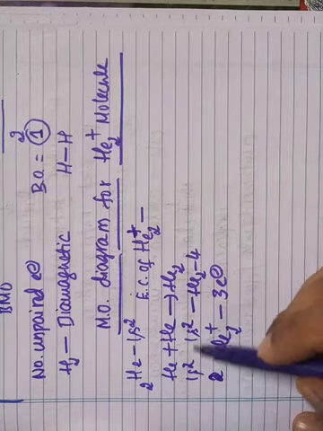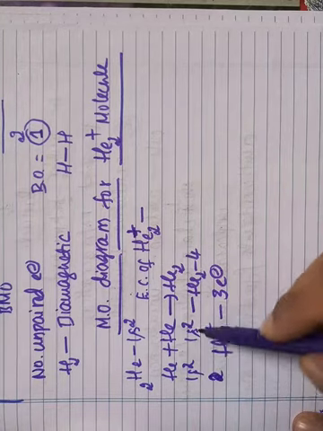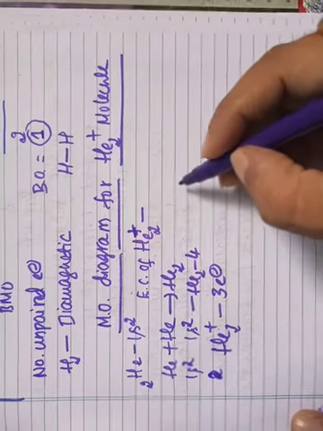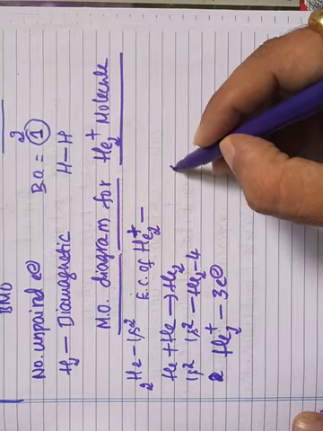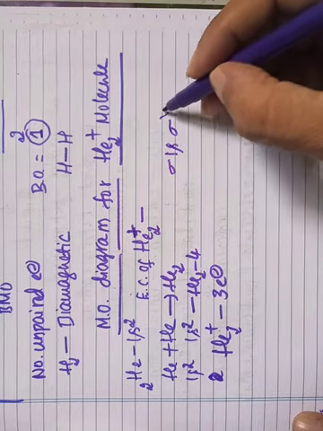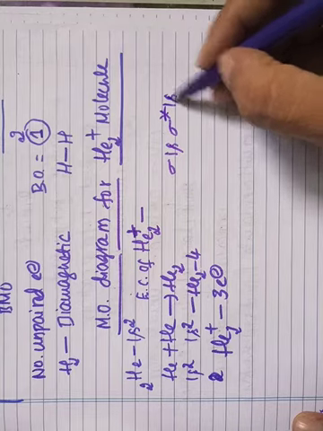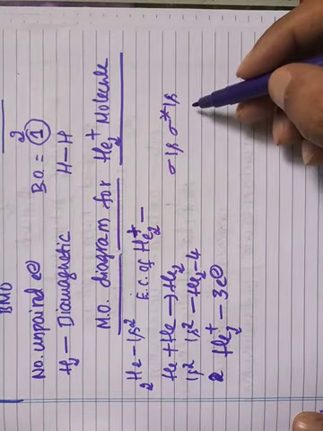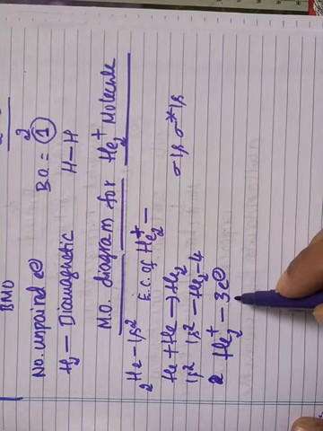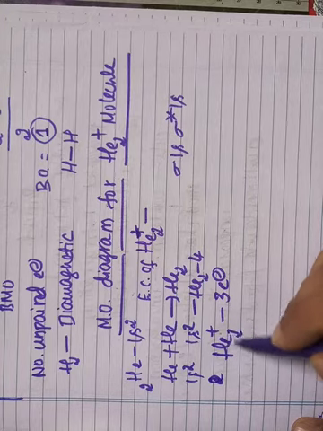When these two 1s atomic orbitals combine, they form sigma 1s and sigma star 1s, so 1 BMO and 1 ABMO. Now there are three electrons in the He2 plus ion.